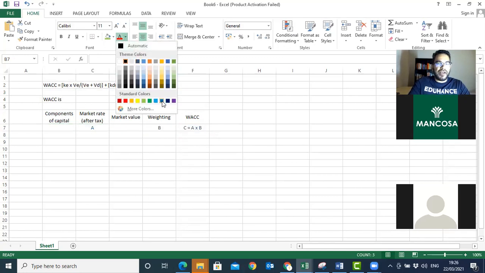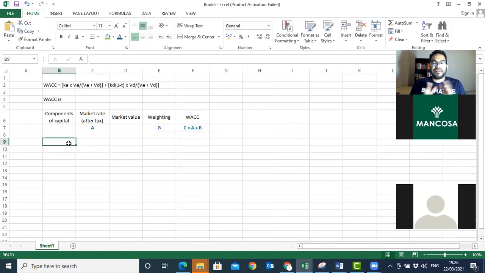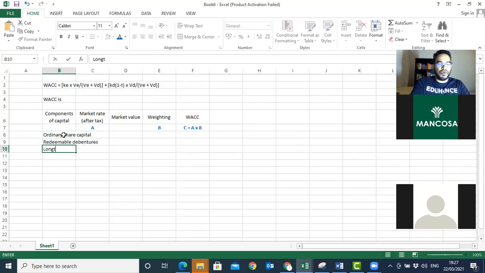So once we have our capitals, once we have the formula down, and once we have the table set up, the next thing is to list your components of capital, your sources of finance. We already identified that we have three sources of finance: ordinary share capital, redeemable debentures, and long-term loan.